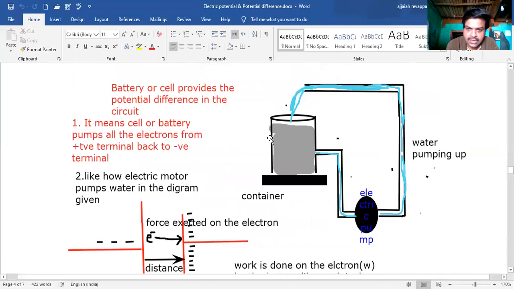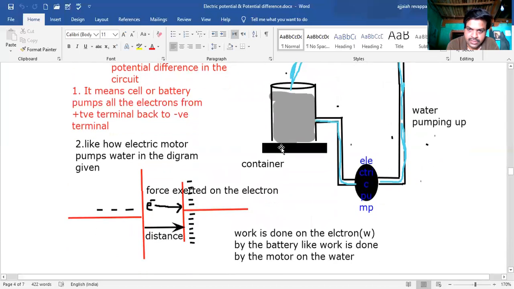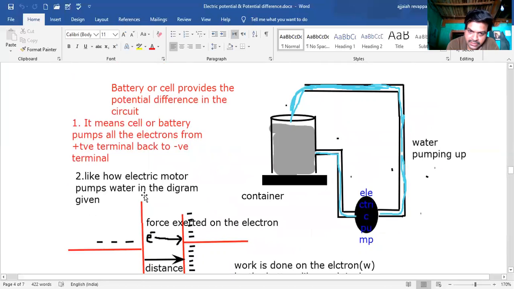You can see a system of water in this diagram. I'm trying to explain this whole phenomenon of pushing the electron from the positive terminal to the negative terminal using this simple example, with which you are familiar.